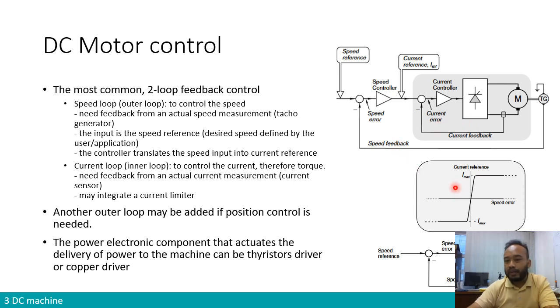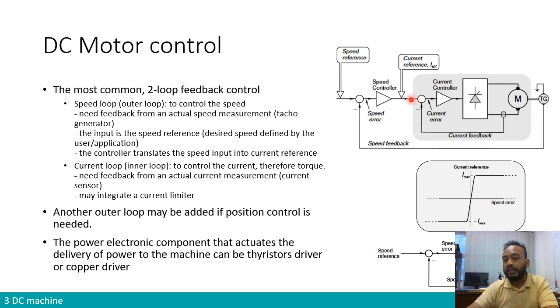If you look at this figure, it is the speed controller that translates the speed error into current. Inside it, we might have a lookup table or an equation that translates it. So if I have a certain speed error, it should be translated into a certain level of current.